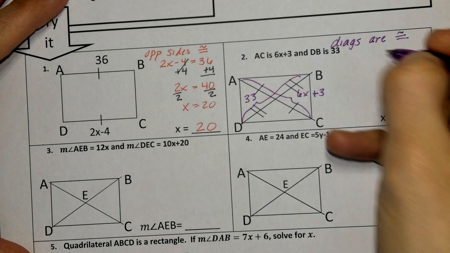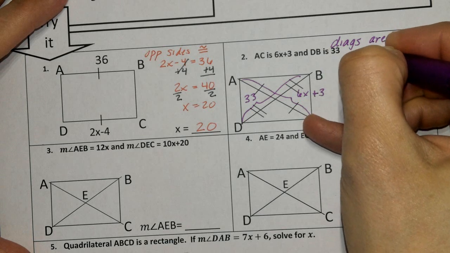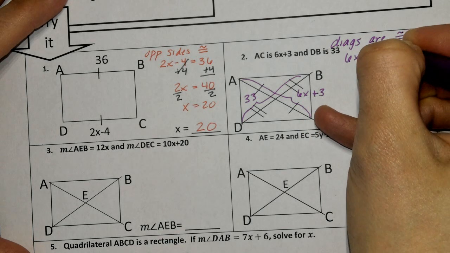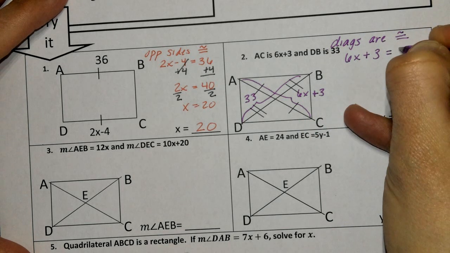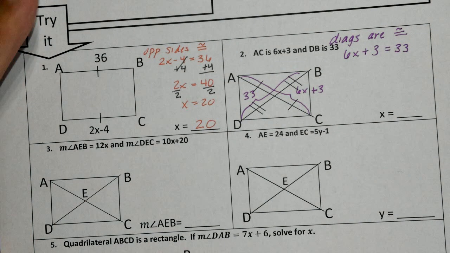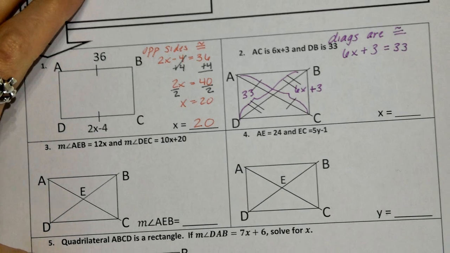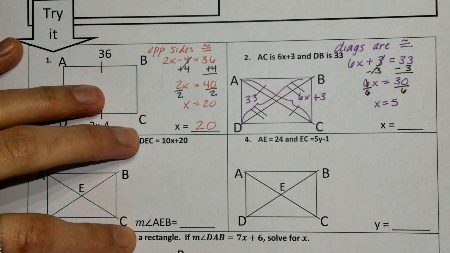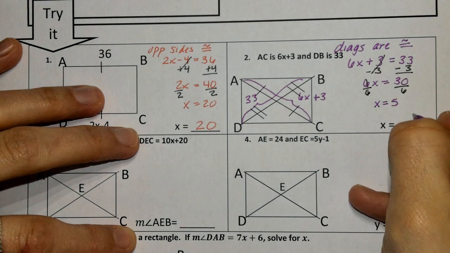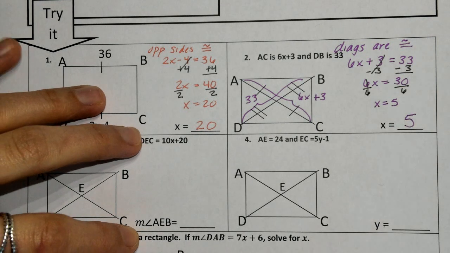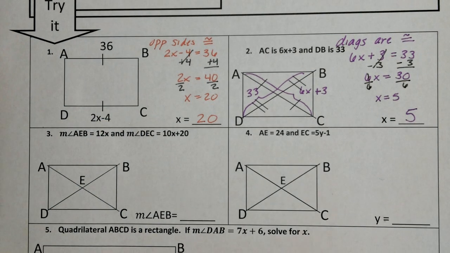And we'll set this up equal to each other, just like every time things are congruent. 6x plus 3 is equal to 33. Again, let's go ahead and pause so that you can solve it on your own, and then the answer will appear. In the end, we should have gotten x is equal to 5. If you did not get it, double check your work.